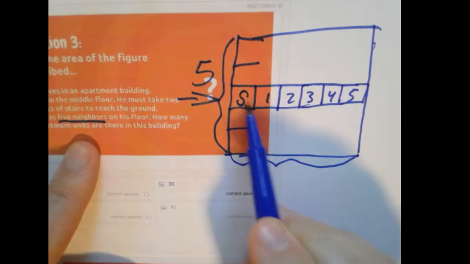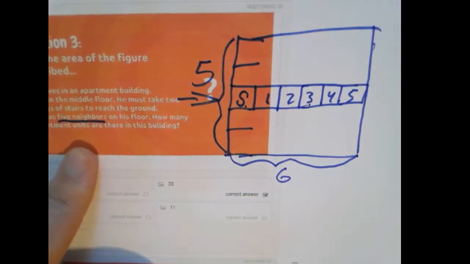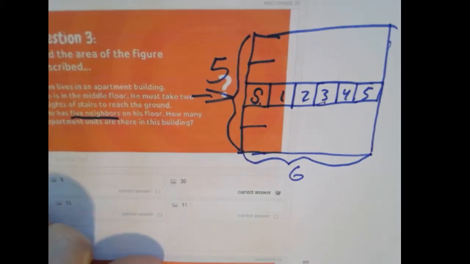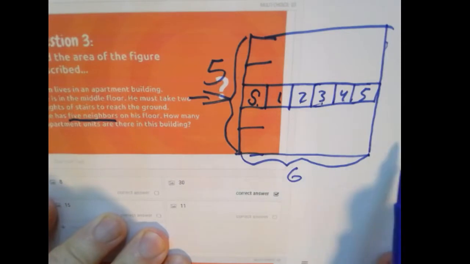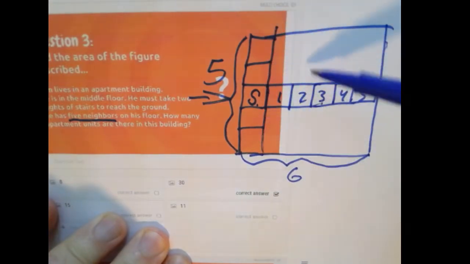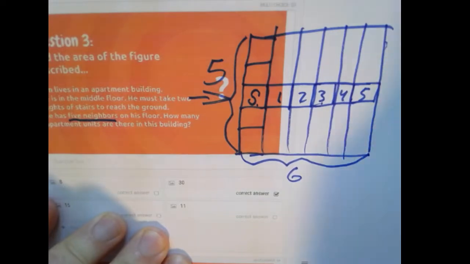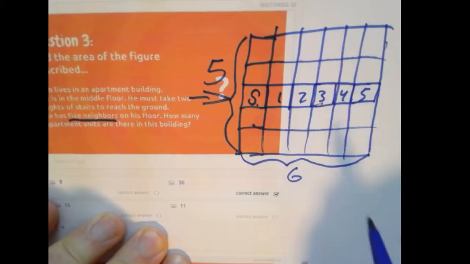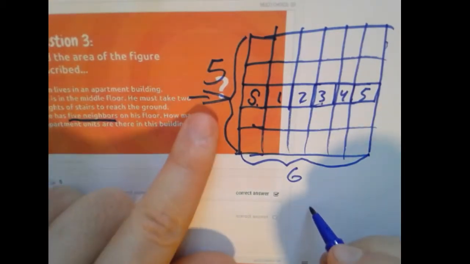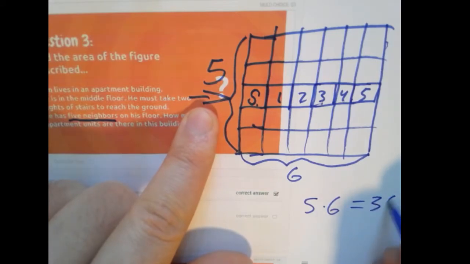So really there's 1, 2, 3, 4, 5, 6 people that live on each floor. So what type of multiplication problem would this be? It would be 5 rows times 6 columns if we filled this all in, right? And we're getting back to seeing where this would ultimately be a grid. If you counted all of these up, you should get the same as multiplying 5 times 6 to get 30.